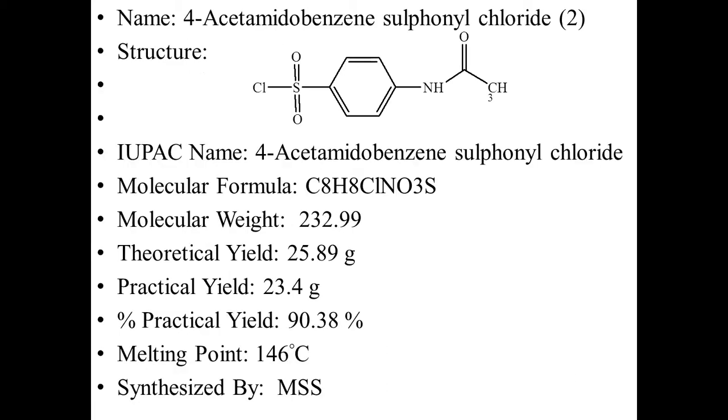Okay, now this is the result. We have synthesized 4-acetamido-benzene sulfonyl chloride by chlorosulfonation of acetanilide.